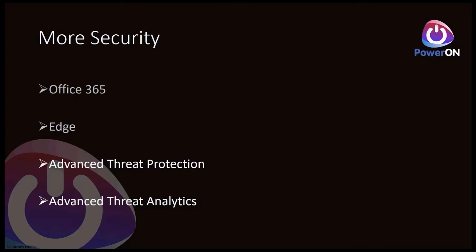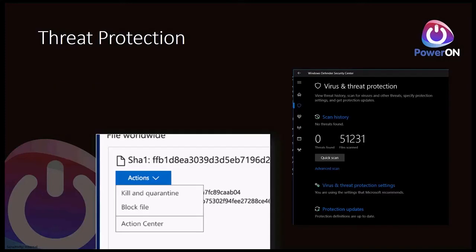So this is where we can leverage the extra bits and pieces around Azure Advanced Threat Protection, Windows Defender Advanced Threat Protection, threat analytics. We can have a look at the reporting. Here is a picture from my machine, from the Security Center console.